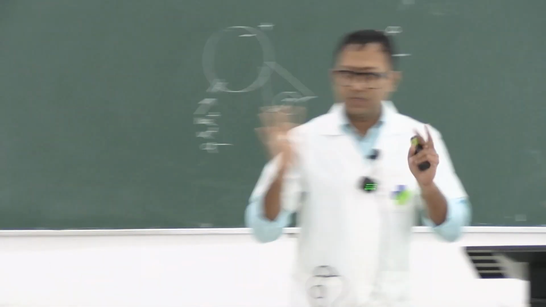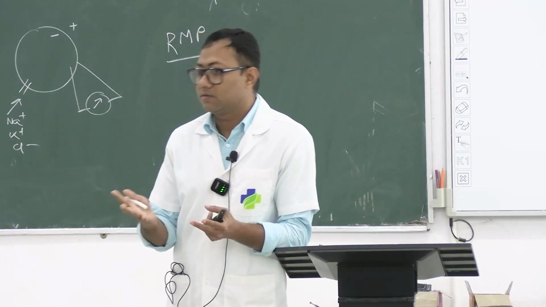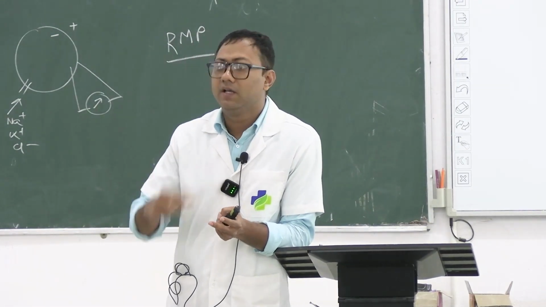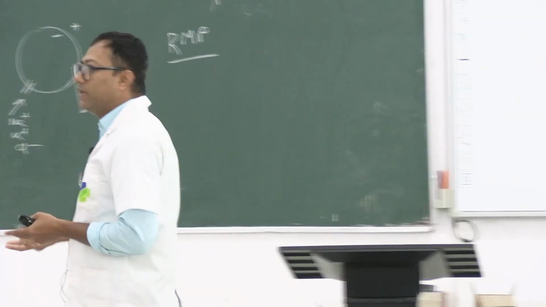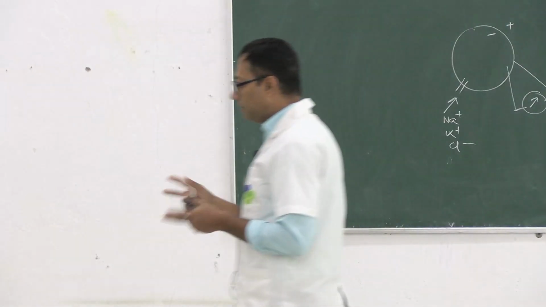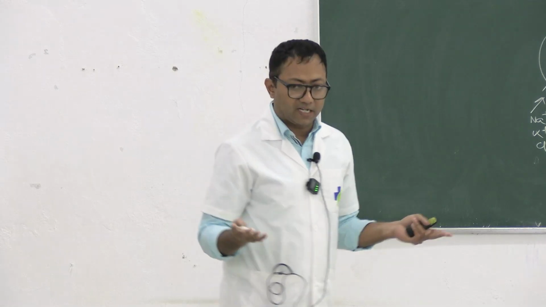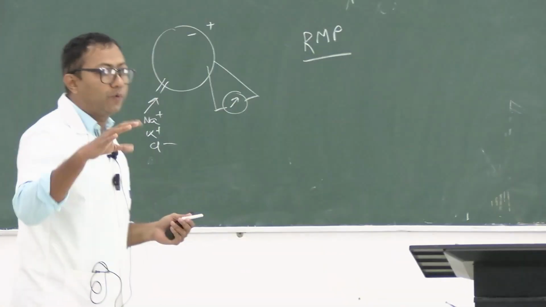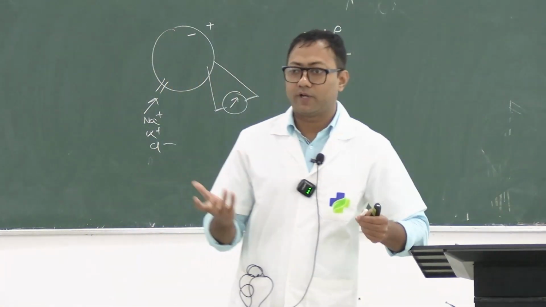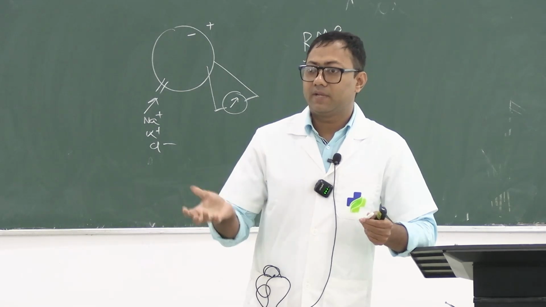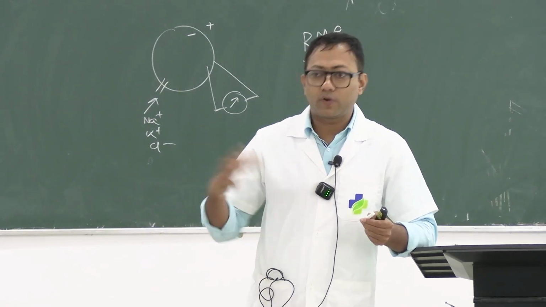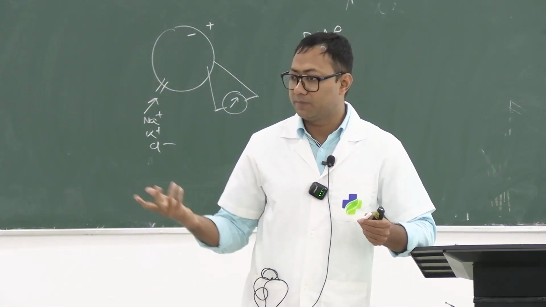There is a lot to say about channels, such as their classification, and depending on their voltage property we classify channels. All of this will be taught under general physiology, the classification of ion channels. Depending on which ion the channel is transporting, we can name it: sodium channel, potassium channel, chloride channel, calcium channel.